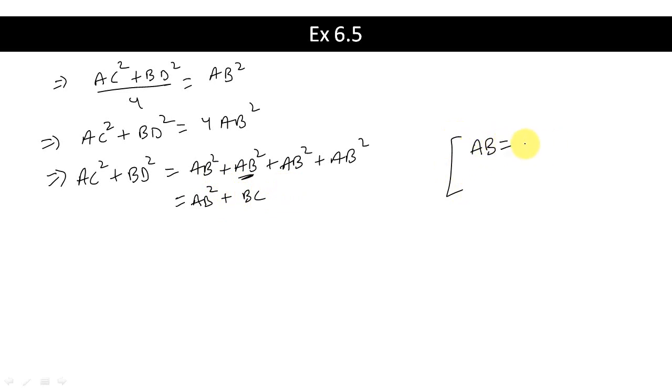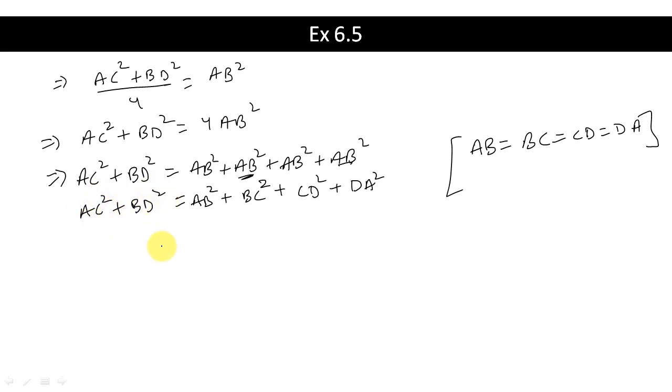Since this is a rhombus, that means AB, BC, CD, DA, all the four sides are equal. Therefore, in place of this AB, I can write BC. In place of this AB, I can write CD. And in place of this AB, I can write DA. Because this is what was required. So that means AC square plus BD square will be equal to AB square plus BC square plus CD square plus DA square. Or I can say the sum of the squares of the diagonals is equal to the sum of the squares of the sides. Hence proved.